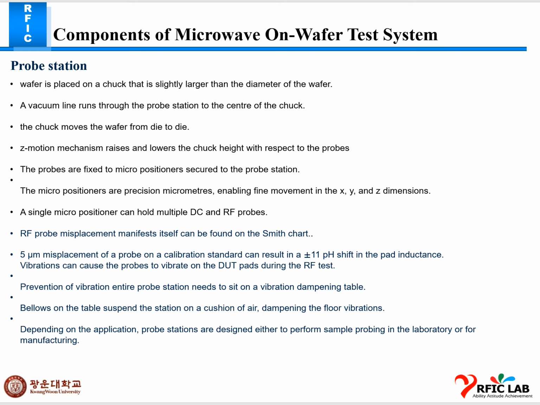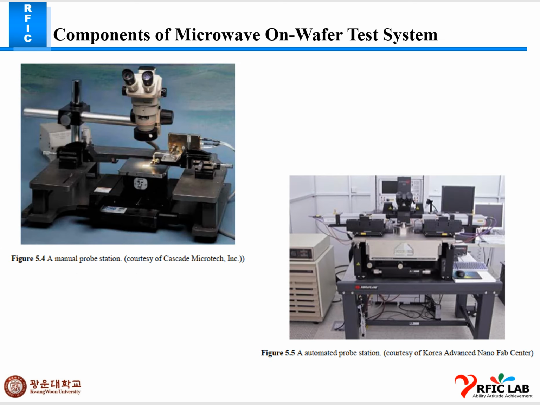A single micro positioner can hold multiple DC and RF probes, and there is prevention of vibrations. The entire probe station needs to sit on a vibration damping table, and depending on the application, probe stations are designed either to perform sample probing in a laboratory or for manufacturing purposes.